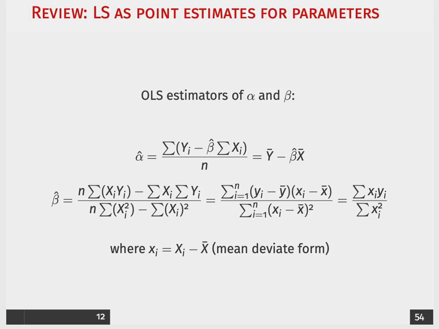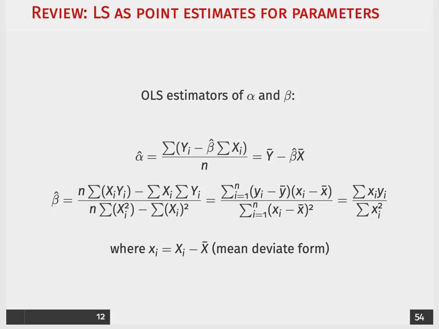I don't want to belabor this point too much, but essentially what we end up finding is that the y-intercept, or where the predicted line goes through with regard to the y-axis, is going to be equal to the mean of y minus our estimate for beta times the mean of x.